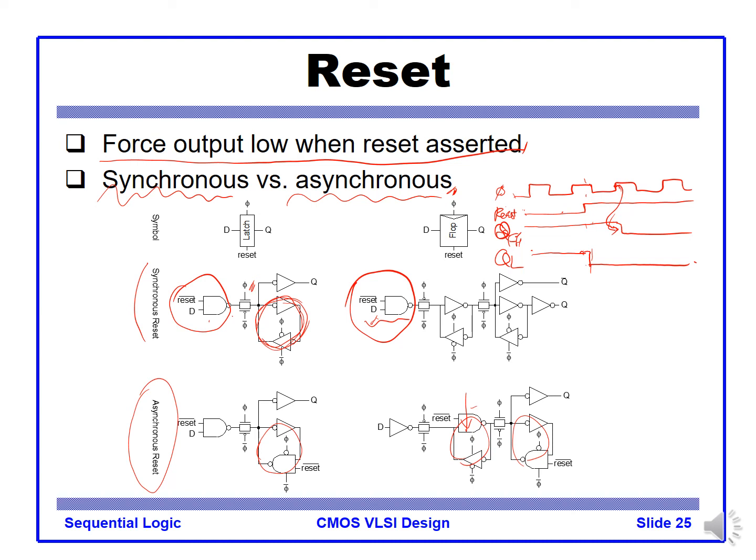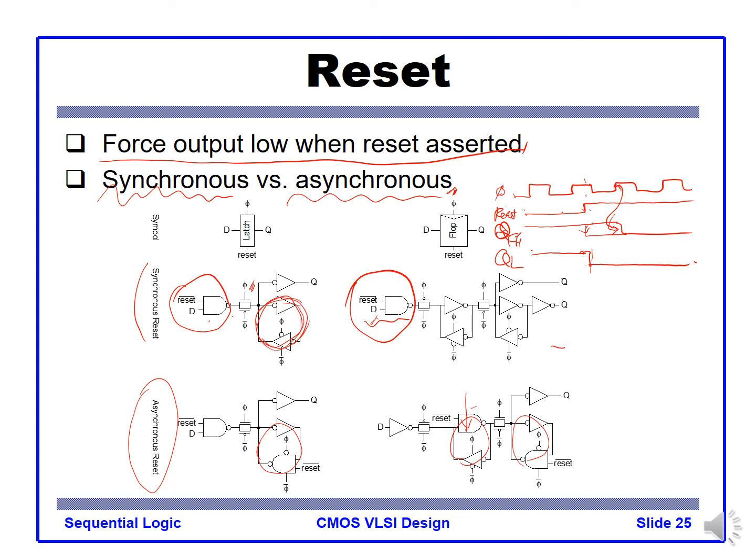In the previous flip-flop case, when the reset is asserted, the output goes immediately down for the asynchronous reset. For the latch, in this example, both asynchronous and synchronous reset happen at the same time.